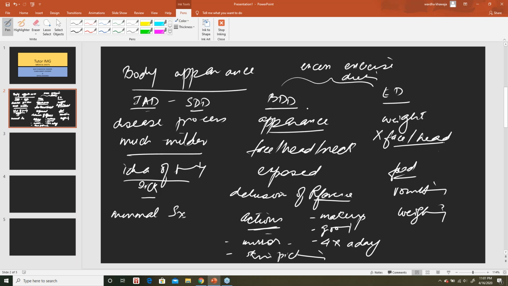Out of these three, body dysmorphic disorder unfortunately has a pretty bad outlook, because insight is very, very poor in body dysmorphic disorder, almost as bad as anorexia patients in eating disorders. But where in eating disorders, insight can at best times be fluctuant, in body dysmorphic disorder, insight is usually very poor.